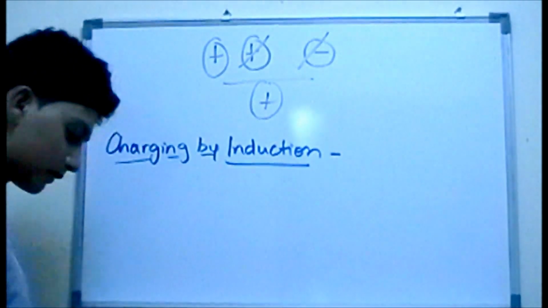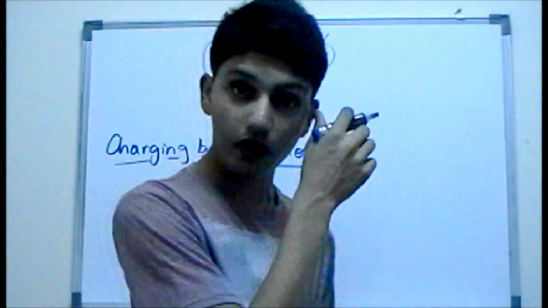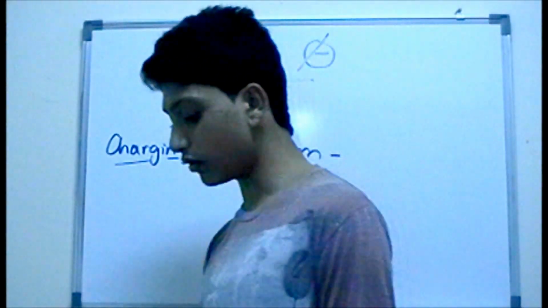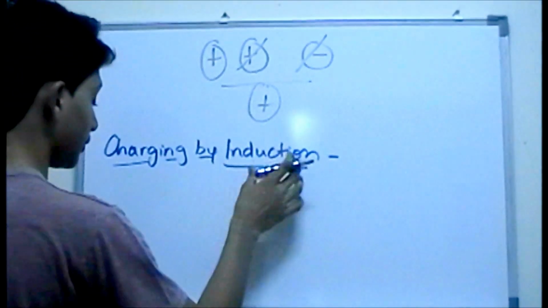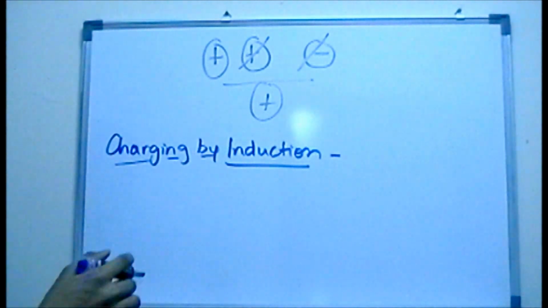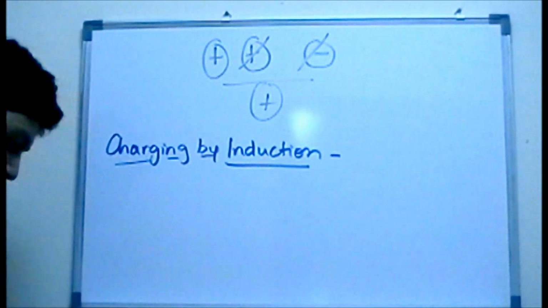When you charge something by induction, you charge a substance without making contact with another substance. A good example is a thunderstorm, where negatively charged particles build up in the clouds, and they are charged by friction.